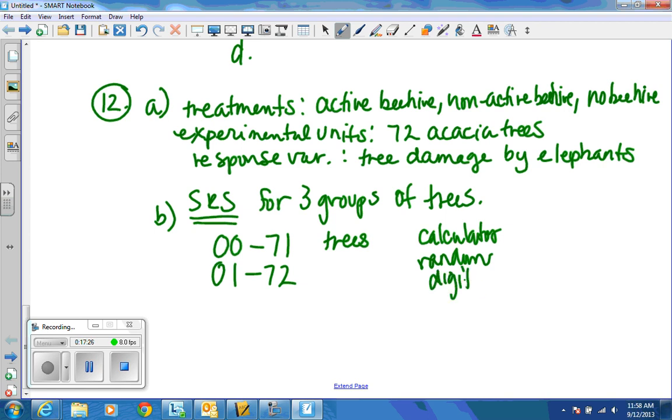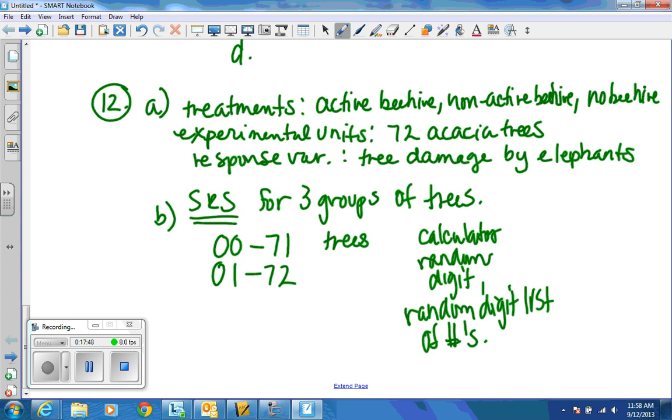You could do a random digit list of numbers, and you have that in your book as well, like notes. So you need to say how you're going to do that. You could put all those numbers in a hat and pick them out.